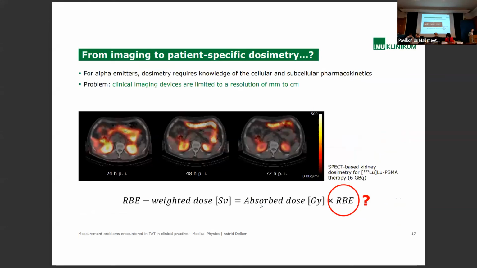But now the question arises, how can we include that knowledge in patient-specific dosimetry? For alpha emitters, dosimetry really requires the knowledge of the cellular and subcellular pharmacokinetics. However, our clinical imaging devices are limited to a resolution of millimeter to centimeter. For actinium, I would say it's more in the centimeter range.